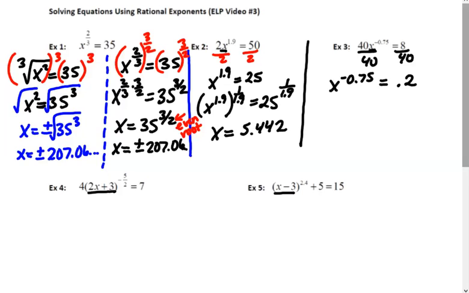Now, what's the reciprocal of negative 0.75? 1 over negative 0.75. So if I raise both sides to that same power, I would end up with x.